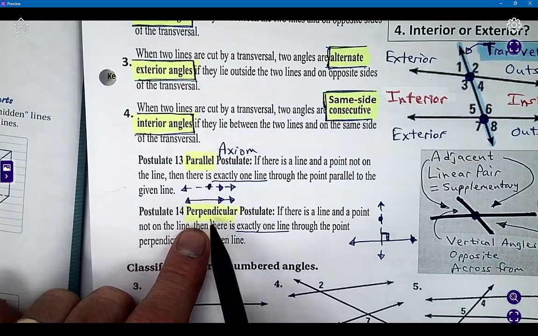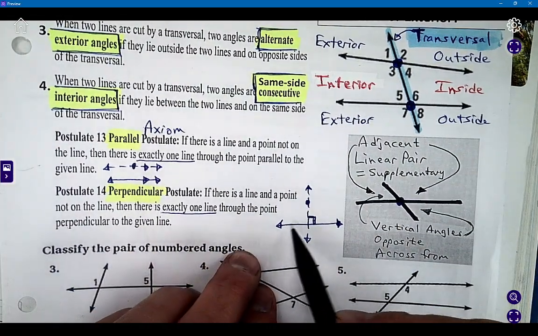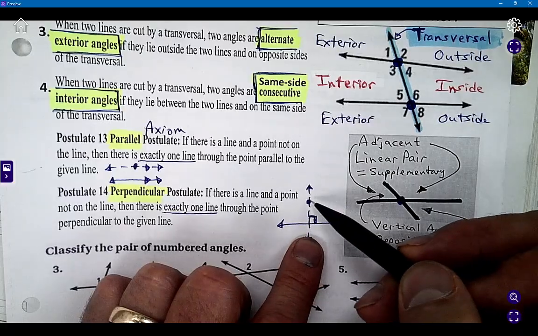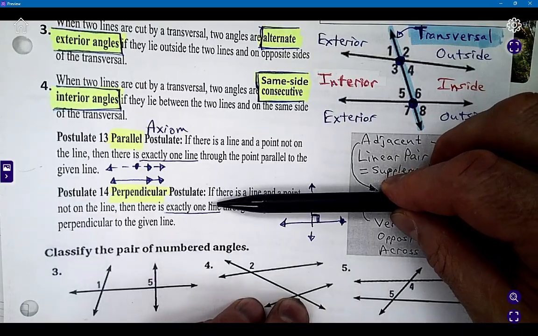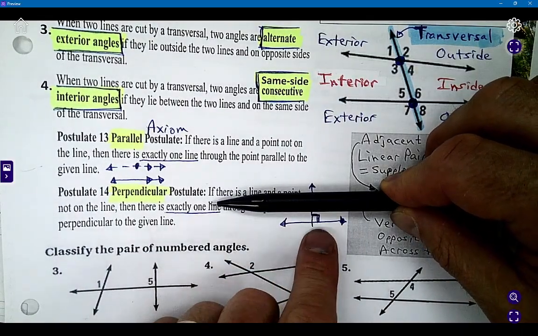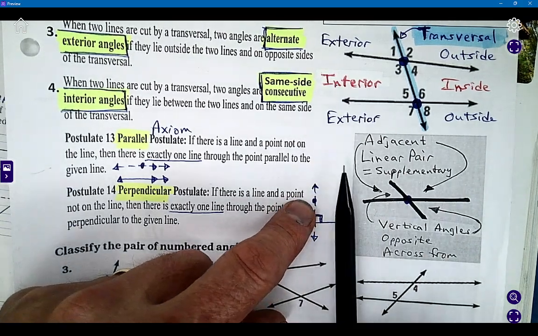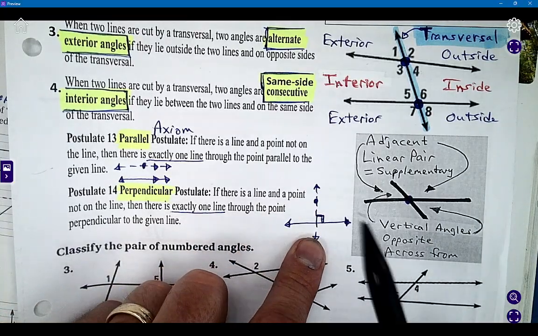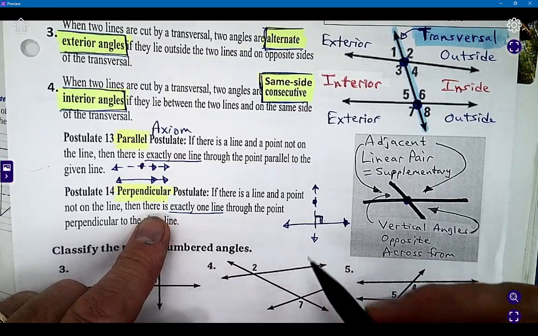Or the perpendicular postulate, the same concept: if they give us a line and a particular point, just like we said, there's only one line that goes through that point that is parallel. Also there's only one line that goes through that point that is perpendicular. Remember, perpendicular means it intersects at a 90-degree angle.